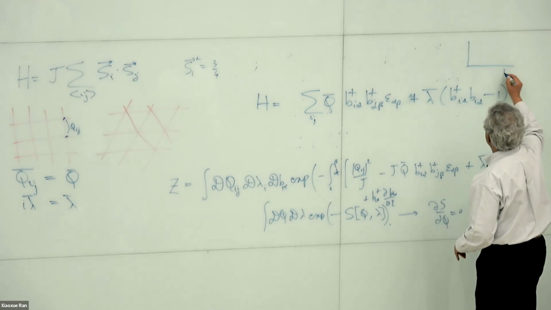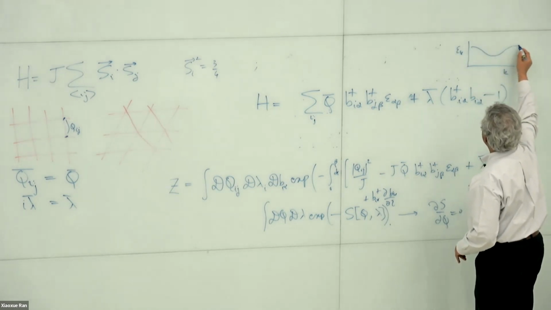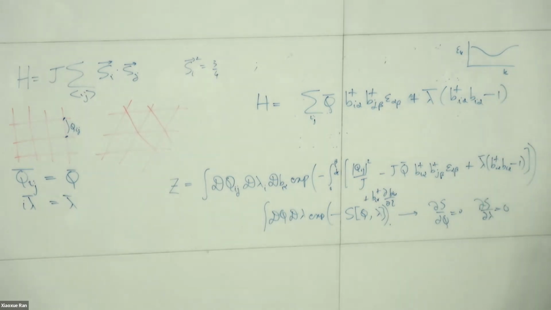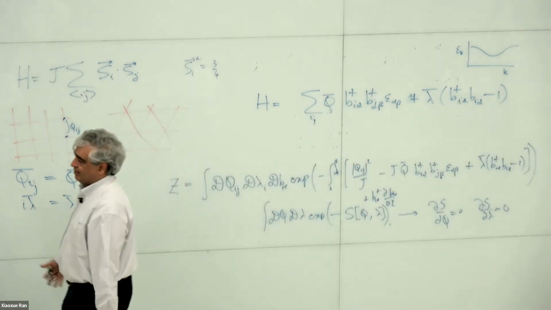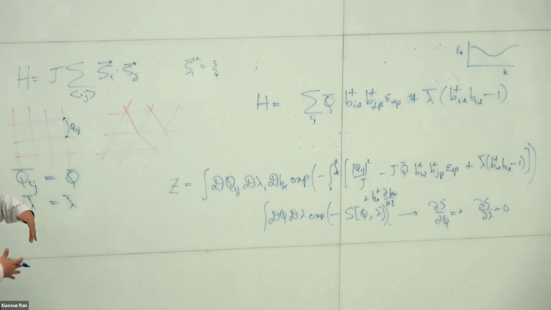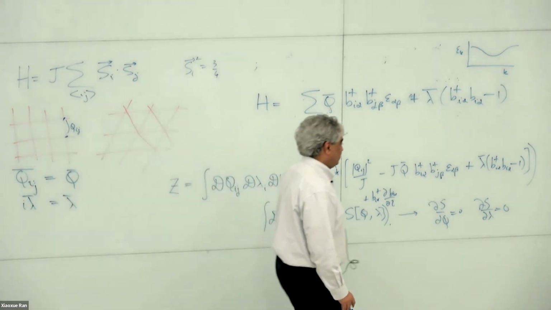So as a function of momentum, for appropriate parameters, you'll get some dispersion. And let's imagine you've chosen your parameters so the dispersion has a gap. Okay. So now you're very excited. You've got some mean field state, and you can really work this out in some detail on the square lattice and the triangular lattice, get all the numbers.